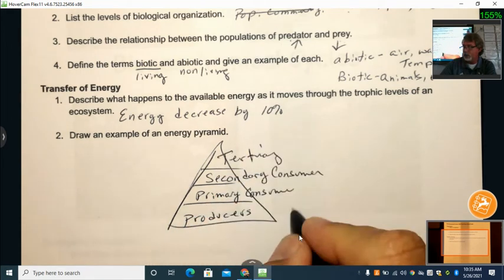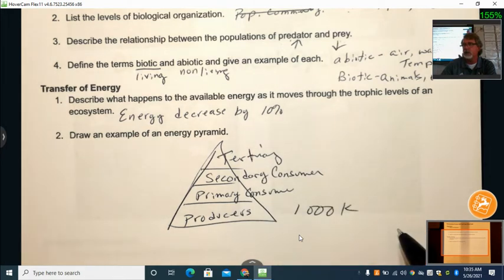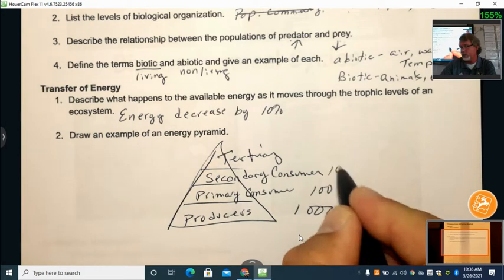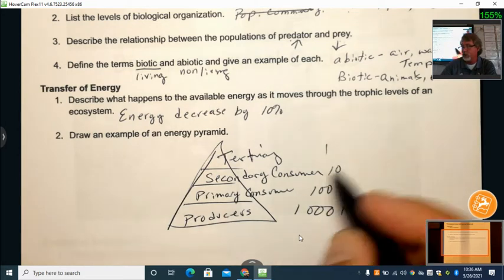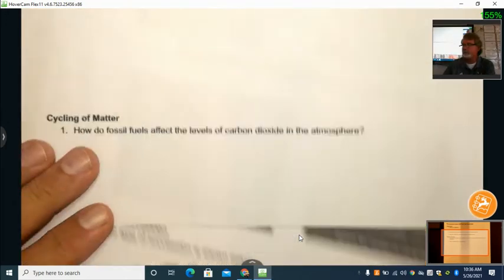All right, and if we had some energy, we might have 1,000 energy down here, and then it decreases by 10, so we'd get 100 at this level, 10, and then finally 1, okay? So the energy decreases as we go up by a factor of 10. All right, good deal.